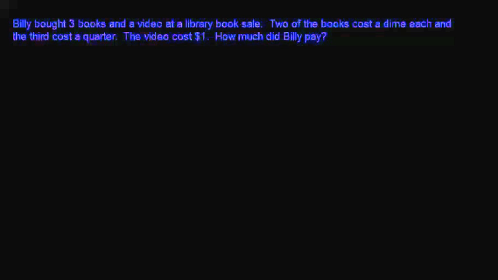Okay, so again, we want to look at what do we know? Well, we have 2 books that cost a dime. We have another book which cost a quarter. And then we have our video, which is $1.